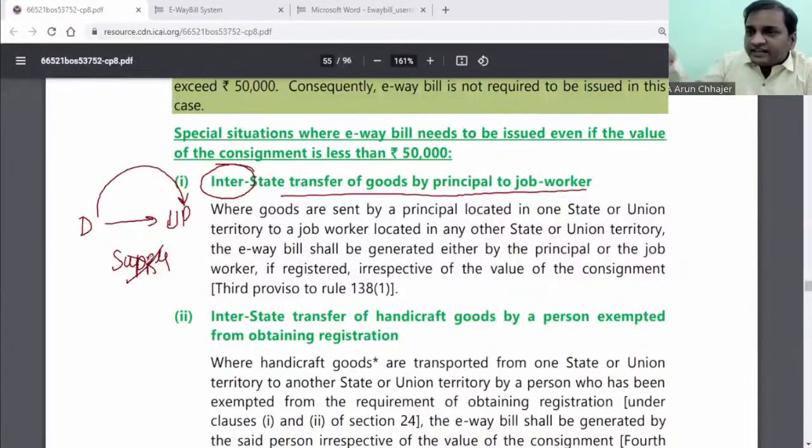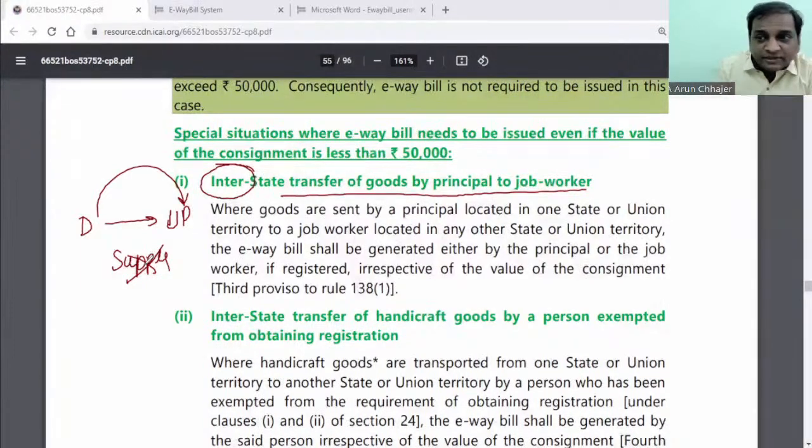It is only moving the goods so that the UP job worker can complete the job work and return the goods. From Delhi to UP, it is not a supply.